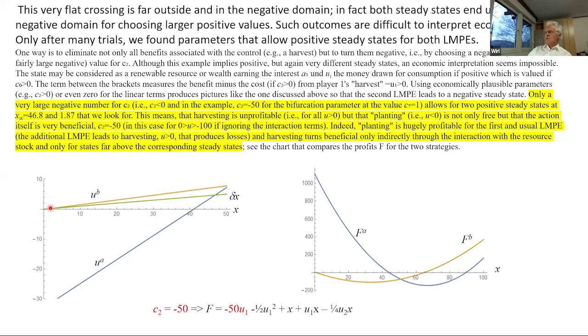But in order to do this, you must make a fishing or a forestry model such that you do not gain from harvesting, but you only gain from planting. You need a lot of absurd observations to settle the steady states in the positive orthant. Okay.